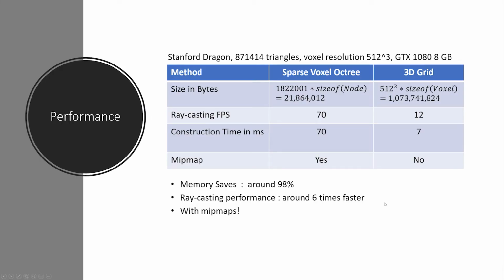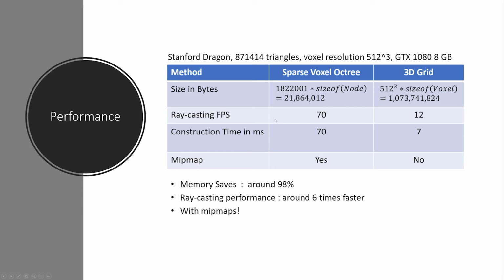And this is my performance analysis. I use the Stanford Dragon, which contains around 1 million triangles, my voxel resolution is 512 cubed, and my graphics card is a GTX 1080. You can see the sparse voxel octree saves tons of memory compared to a naive 3D grid.